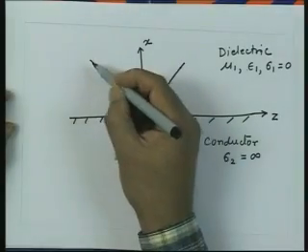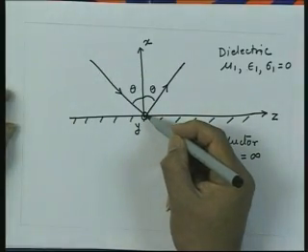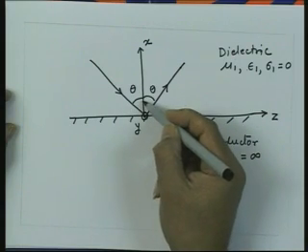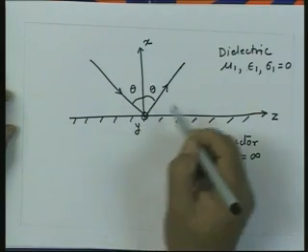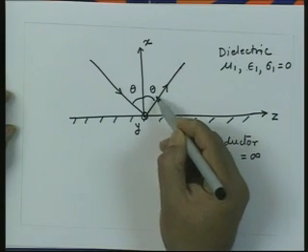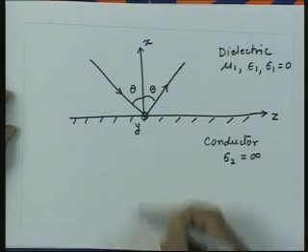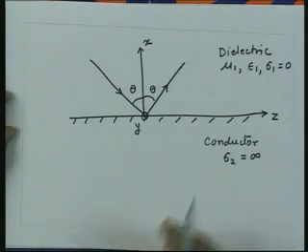So, now we have an incident wave which is incident at an angle theta. The angle of incidence is theta and the angle of reflection also is theta, and there is no wave now in the second medium. So, there is no transmitted wave.